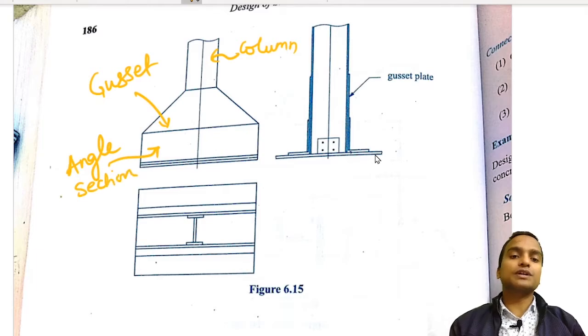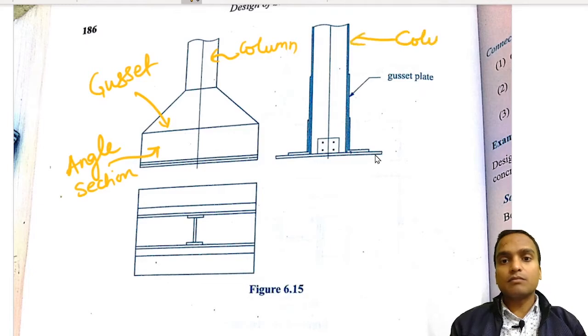okay. So here are three different members being used, and if you see their side view, then you see this is the column main members, okay, and then you see the gusset plates also.